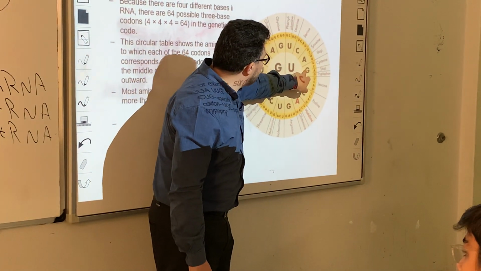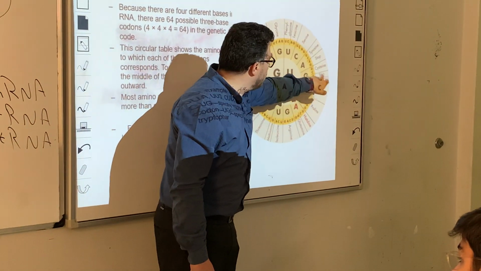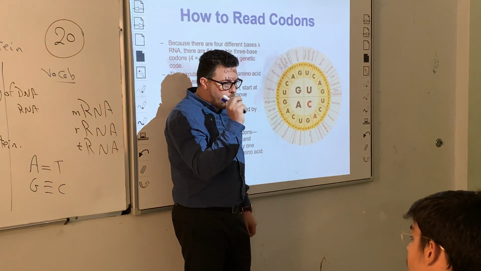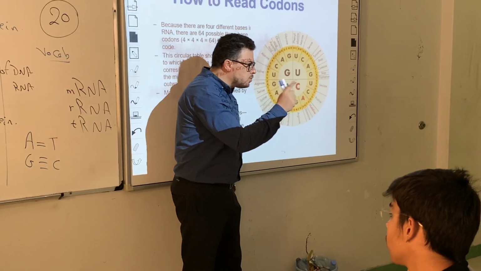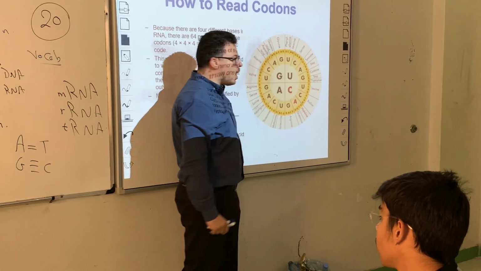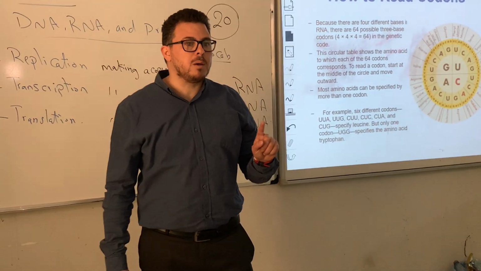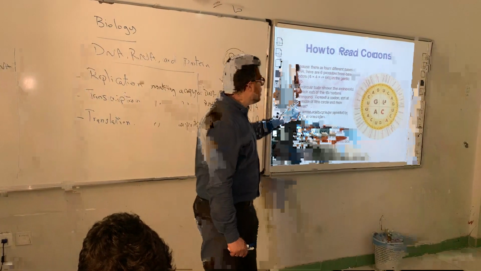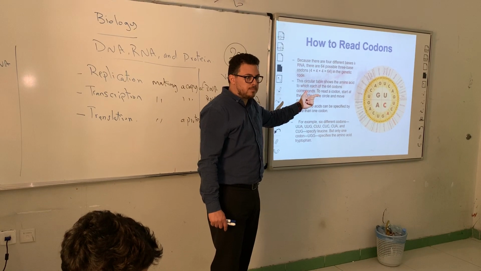UGC and UGU are different codons for the same protein. It means that one protein could be identified by more than one codon. The answer is yes. This is the way we are going to read the codons and the anticodons.